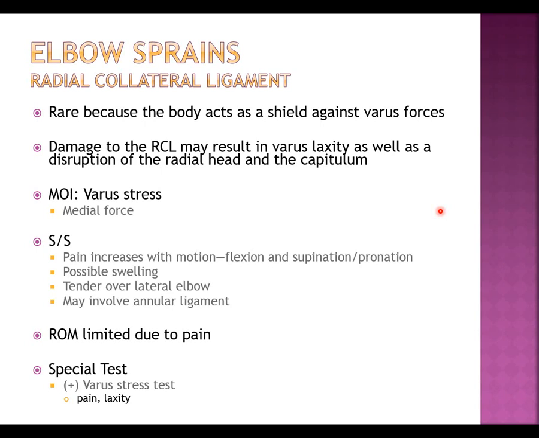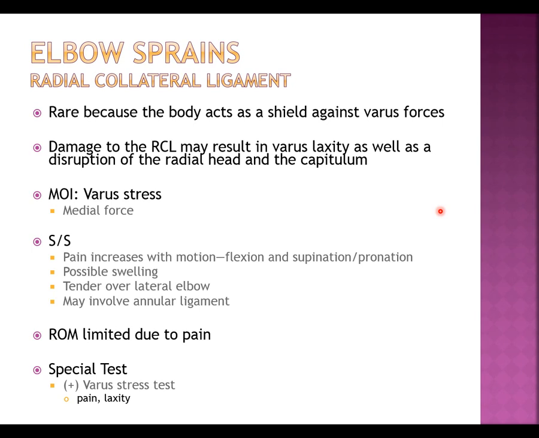Remember that it runs from the lateral epicondyle and inserts to the annular ligament. You will probably see some reduced range of motion as a result of pain, especially, again, that supination and pronation. That's how you'll know the radial head and the RCL are involved, because that's the area where supination and pronation occur.